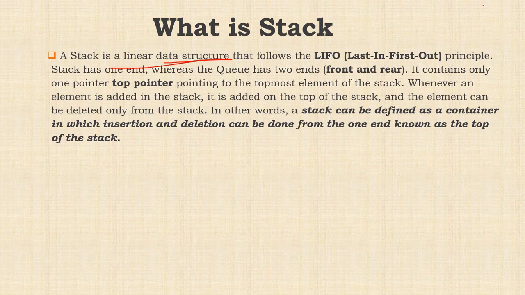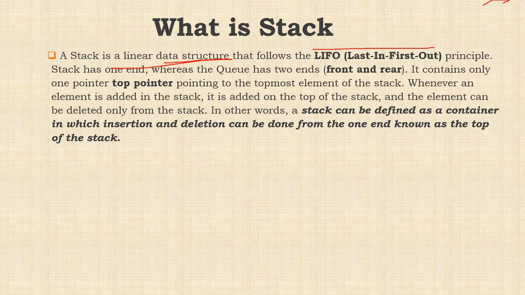So this is the core concept of a stack, which is LIFO, that means last in first out. So your object will be inserted at last, but it will come out at first. Okay, so because of that we call a stack a LIFO order data structure.